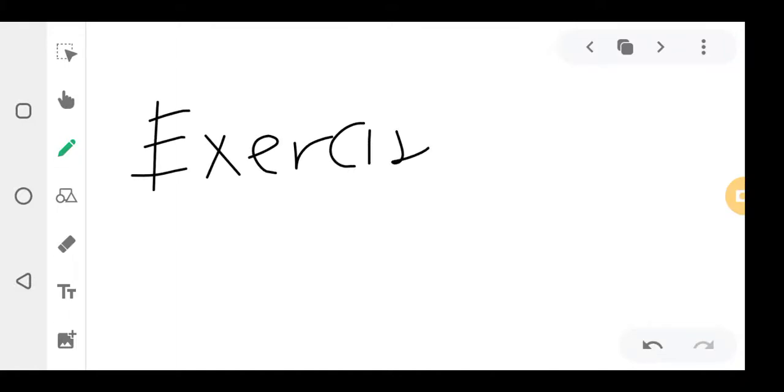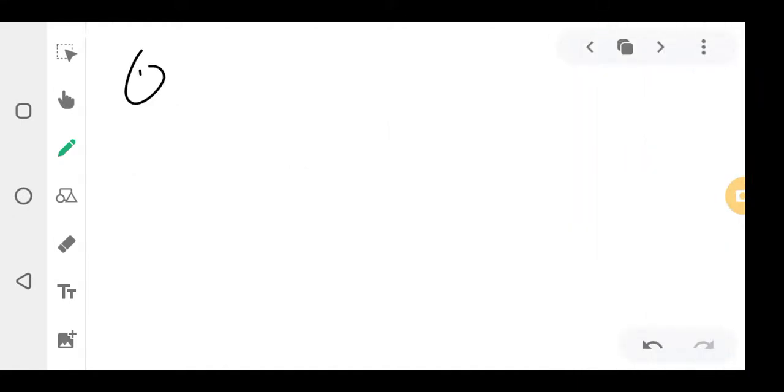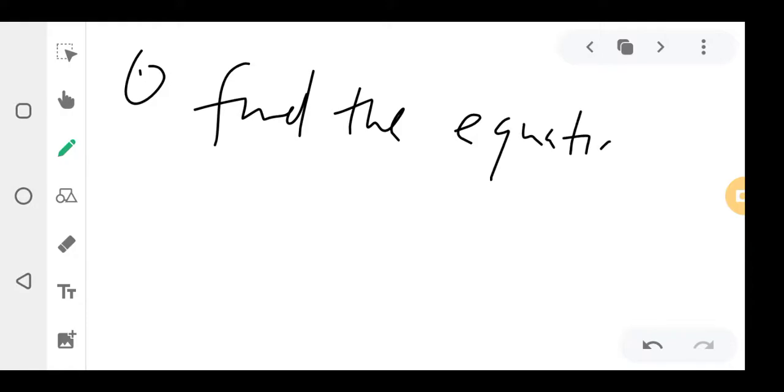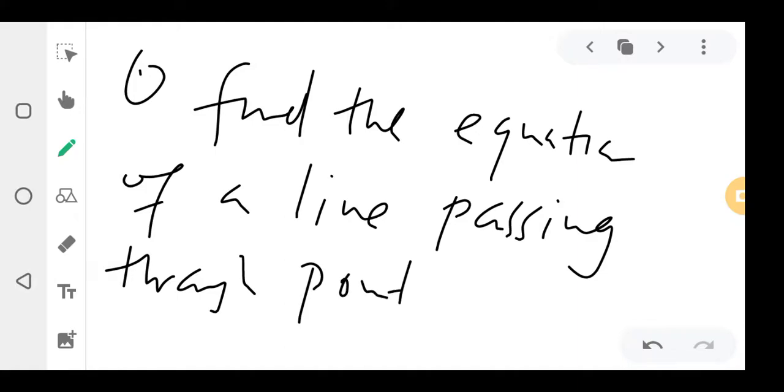Okay, now since your mind has opened up, here's an exercise for you to understand how this is done. Question 1, find the equation of a line. They may not say straight line, it's the same thing. They just say of the line passing through points. Or if you want, you can put straight line, it's up to you.